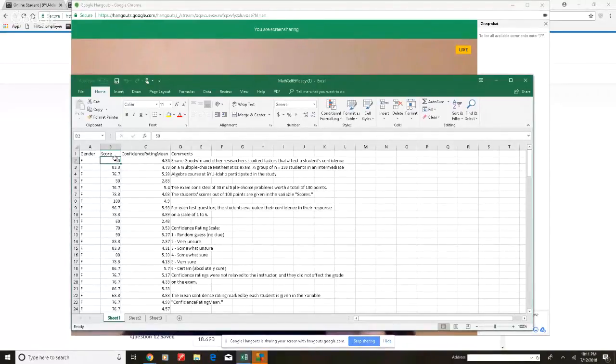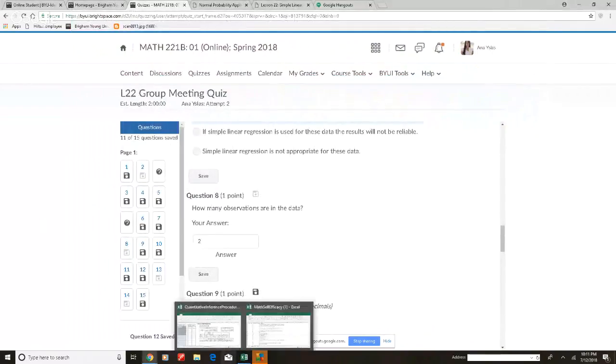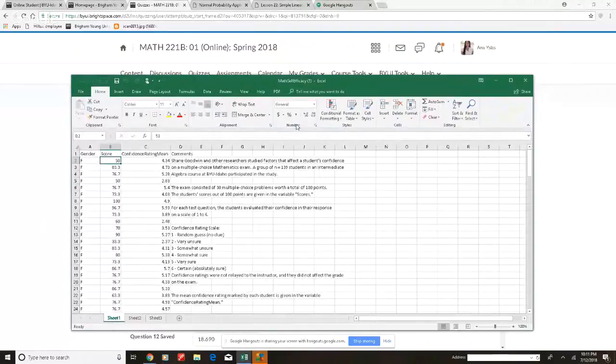So one is the score, and the other one is the confidence. Wait, am I in the right document? Yeah, it's the math self-efficacy. Yeah, you're in the right one. Confidence rating mean, and this would be the mean.